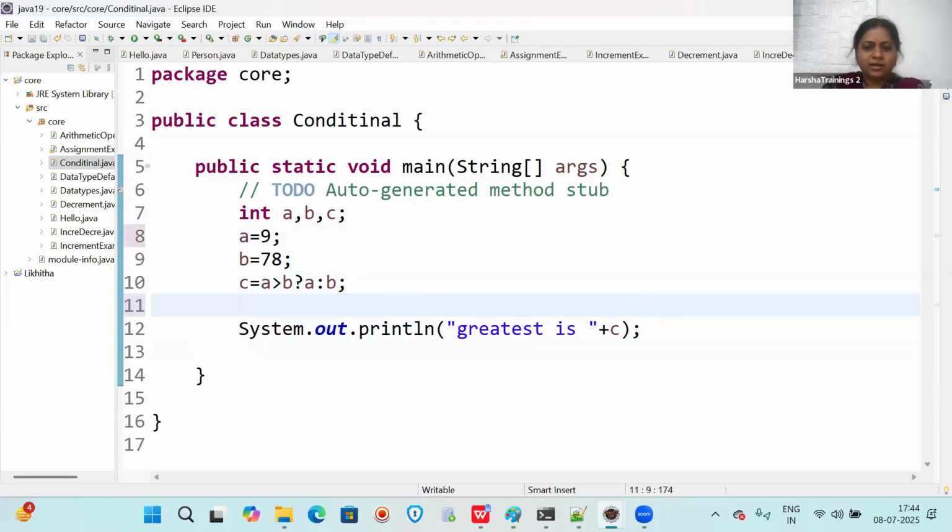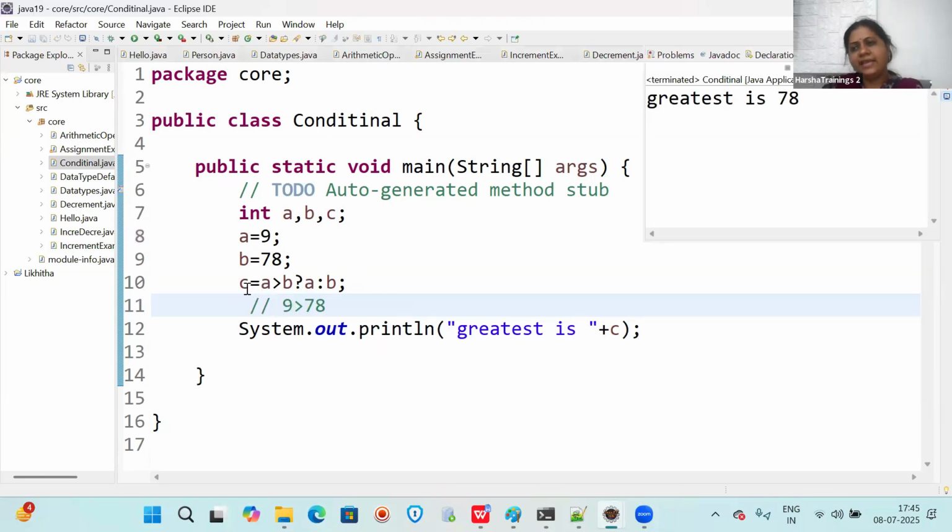Now 9 greater than 78 is false. So what will happen when it is false? The b value is copied to c. Now the output will be how much? 78. Correct or not? We have to write the coding correctly, then we'll get the correct output.